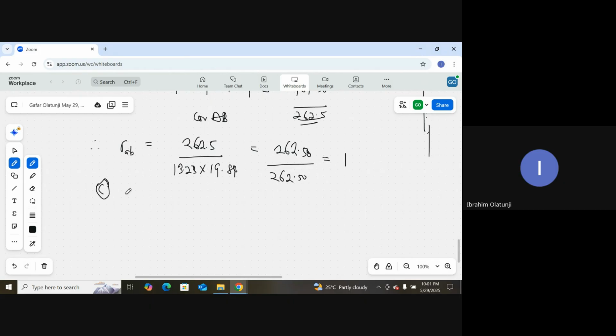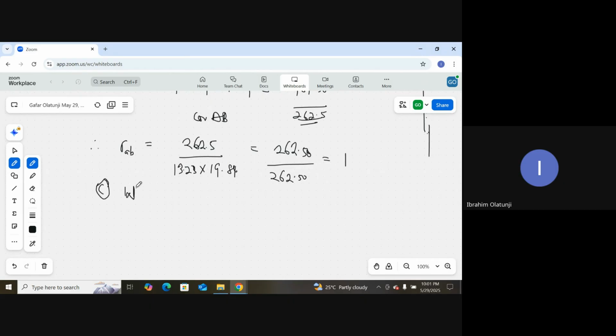So the question now is, if you have a scenario like this, we should explain if there will be any benefit of including the security C, which is the stock C, in the portfolio. What do you think will be the benefit for you including it?